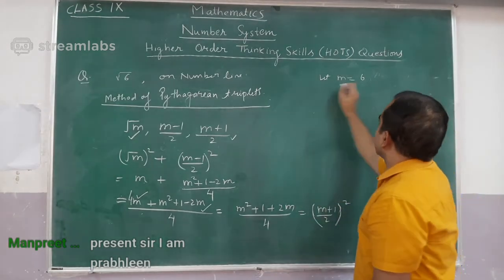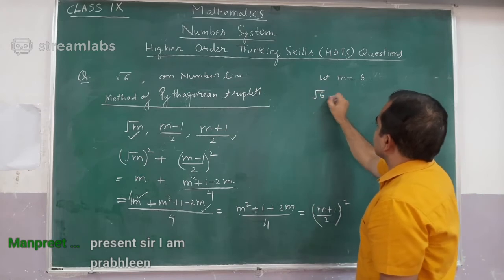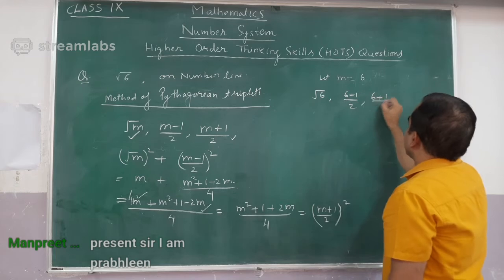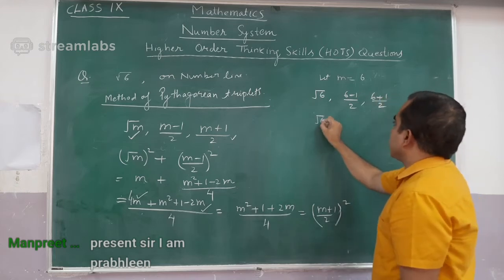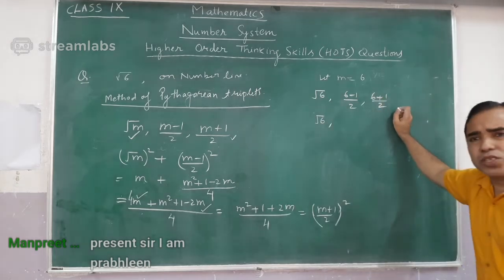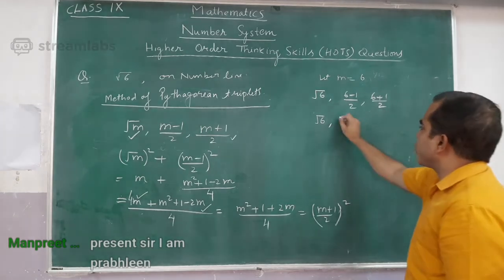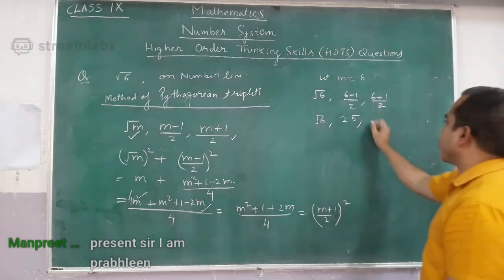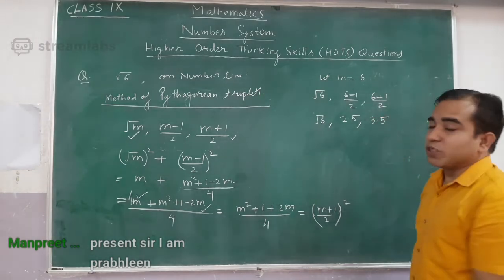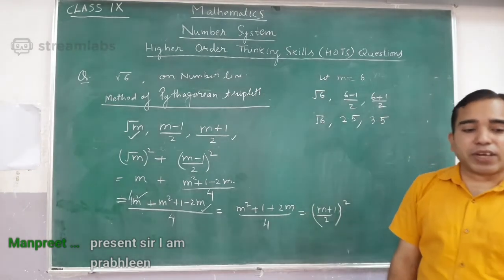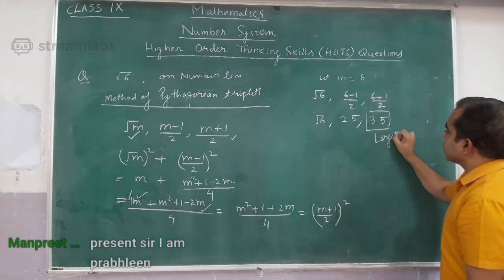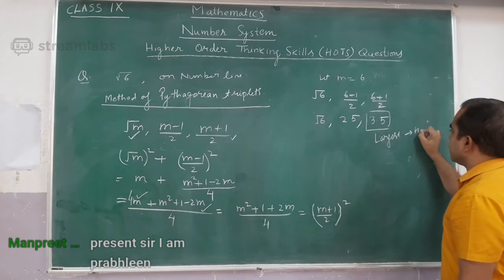So root 6, then (6 minus 1) whole by 2 and (6 plus 1) whole by 2. Root 6, 6 minus 1 how much? 5. 5 by 2, 2.5. 6 plus 1, 7 by 2, 3.5. Now simple. Now draw a right angle triangle, and this is the bigger one. This is the largest. This is going to be hypotenuse.